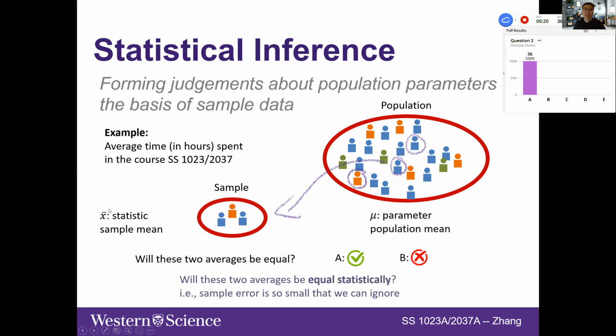But if the difference between X bar and mu is too small, we can just ignore that difference because it is just out of randomness. So by asking whether they are equal statistically, we mean whether we can ignore this kind of small sample error, if the sample error is so small that we can ignore it. That's pretty much the question that we are trying to ask today.